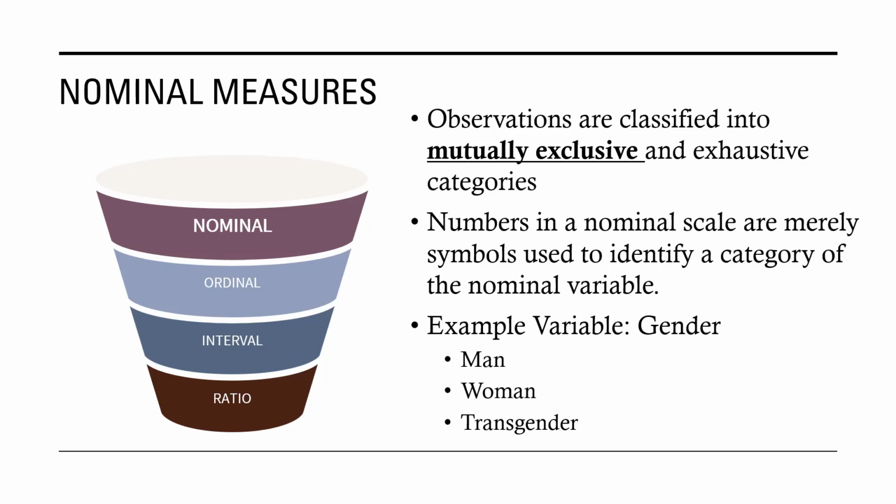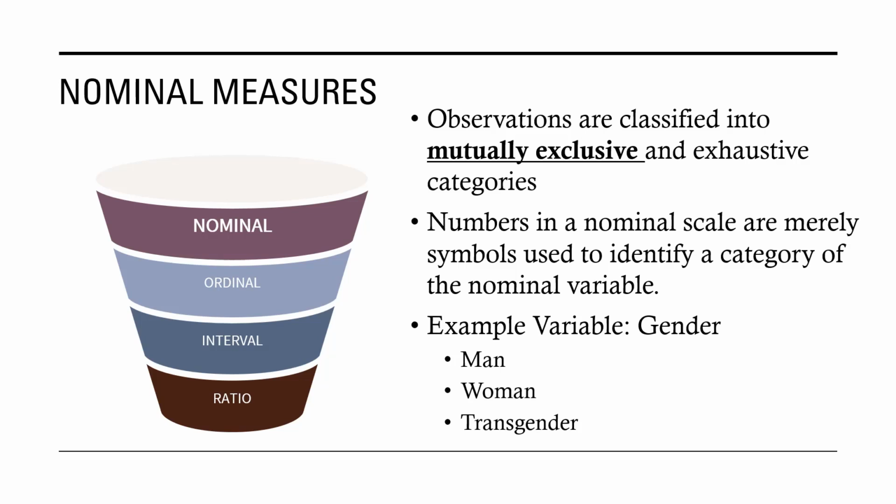Now, variables can exist at a couple of different levels of measurement. This includes nominal, ordinal, interval, or ratio. Nominal variables are variables with values that have mutually exclusive categories. Okay, so let's take, for instance, the variable gender.